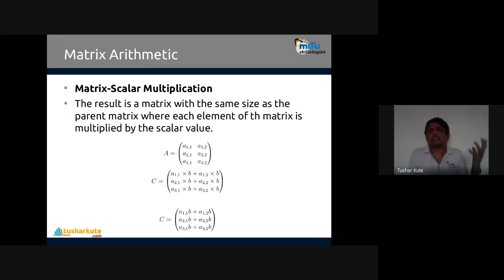For example, somewhere marks are given in CGPA format and somewhere marks are given in percentage format. Remember, the percentage range is 10 times the CGPA range. The CGPA actually uses a different formula, but the range is 10 times more. If I have CGPA from 0 to 10 and percentage from 0 to 100, both are marks, but the scale is different.